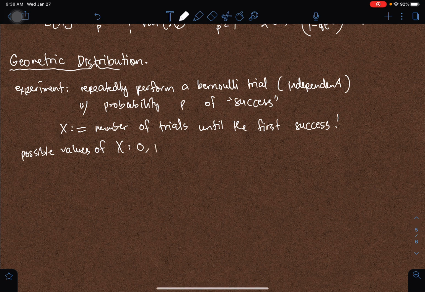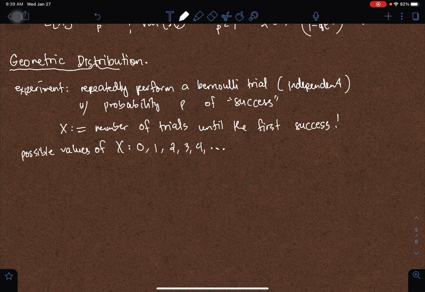X is 1 when we observe the first successful trial on the second try. Or X is equal to 2 or 3 or 4, etc. So X can take on an infinite number of non-negative integer values.